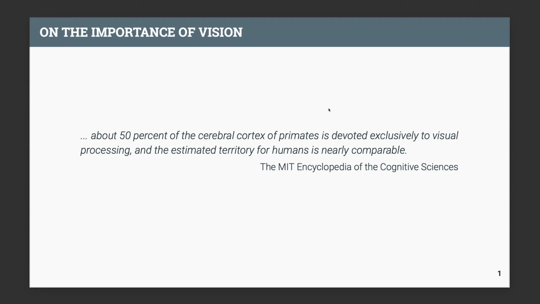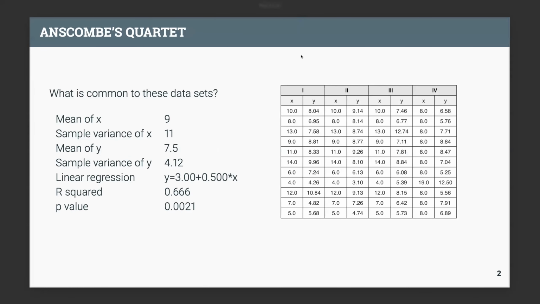Because I'm working in neuroscience, I know this data: almost 50% of our cortex is dedicated to visual processing, which is really a huge part of the cortex. In our case, this is the occipital cortex, and because of that, it has an impact on how you process information.